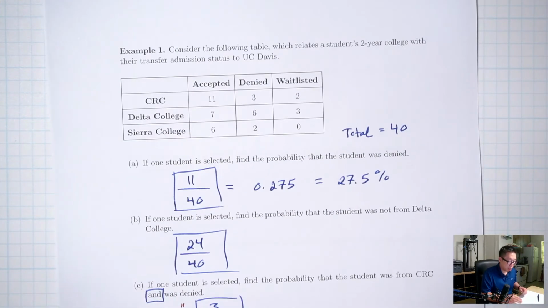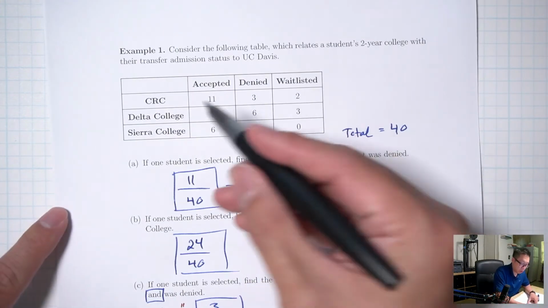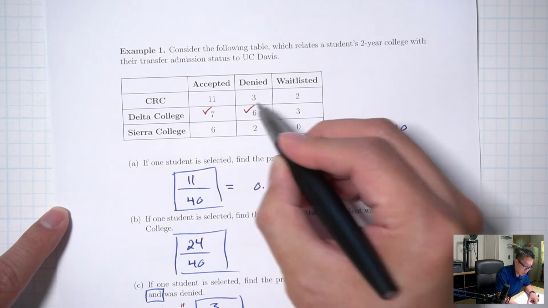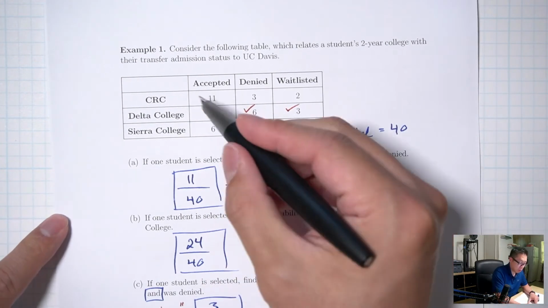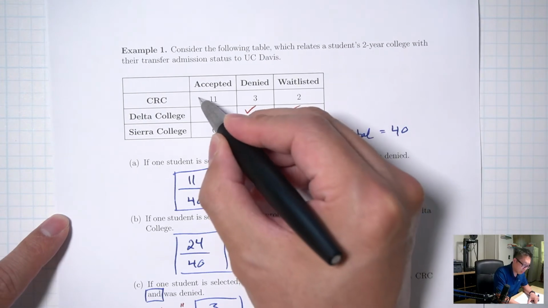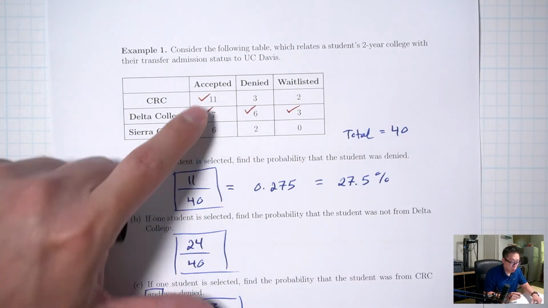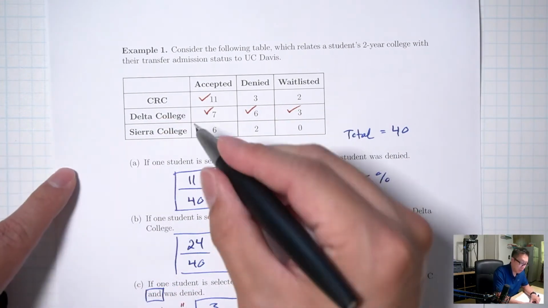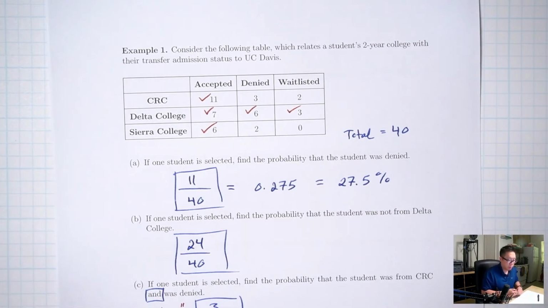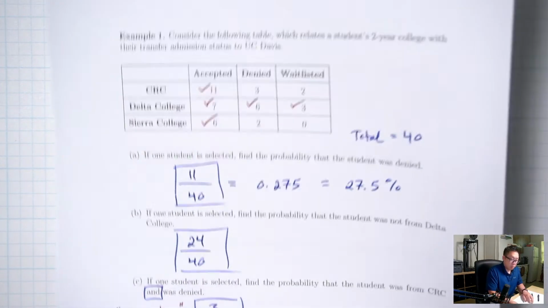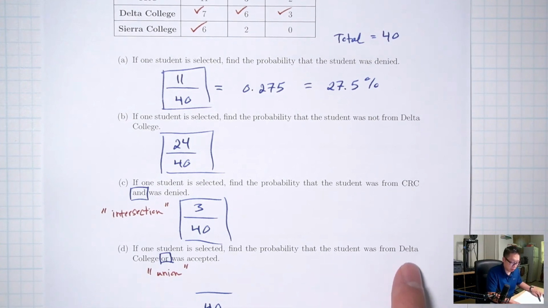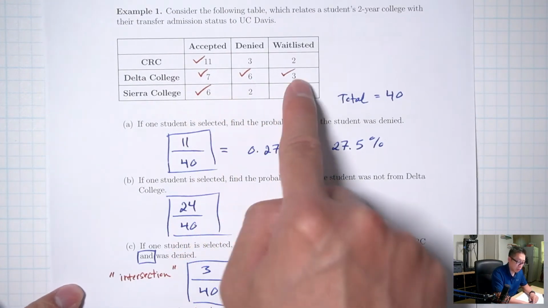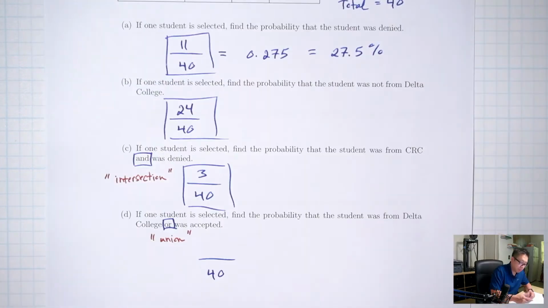What I want is the Delta numbers, which are 7, 6, 3, union with the accepted numbers, which are 11, 7, 6. And I don't want to count the 7 twice. So the way you do this is, usually I just start with the first set, which is Delta College. So 7 plus 6 plus 3.